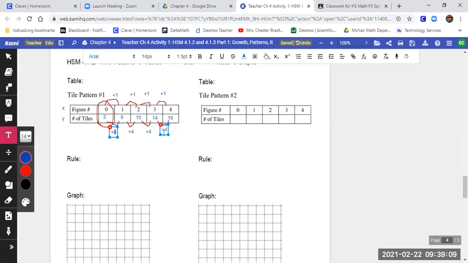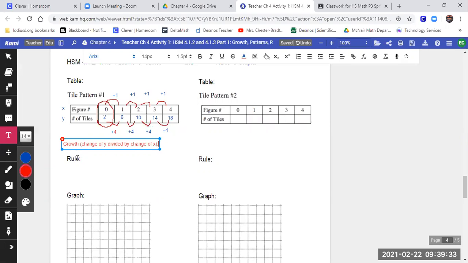So we have the change in y's, we have the change in x's to figure out our growth. We're going to do the change of y divided by the change of x. In this case, it's not that big of a deal, right?